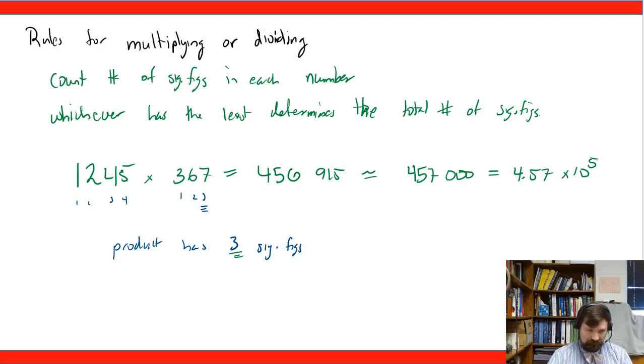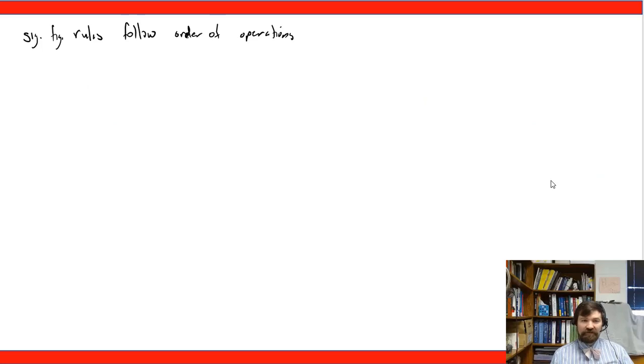So there's one other thing that we should do, which is what about order of operations? And the answer is the significant figure rules are going to follow the basic order of operations for the problem involved.